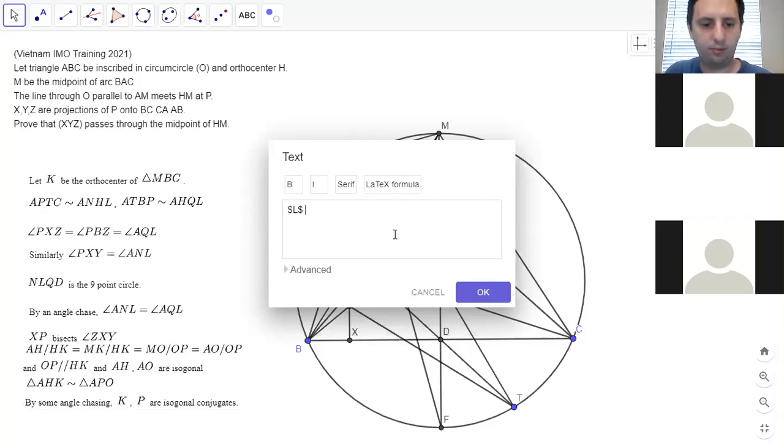Yeah, the Poncelet point proof is a little bit long, so I'm not going to write out the whole thing here.